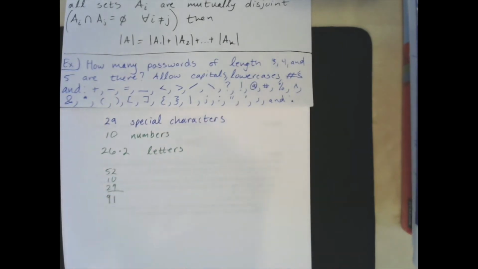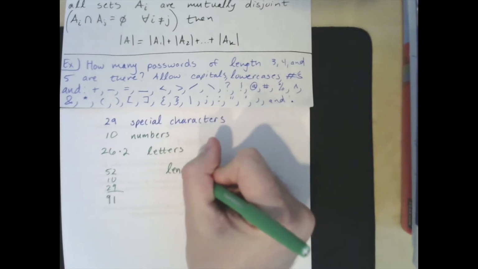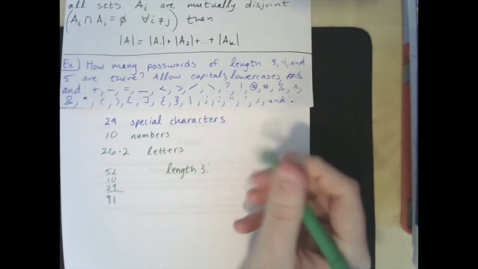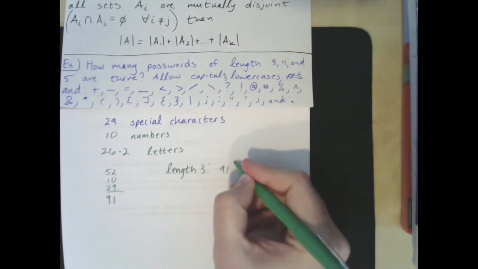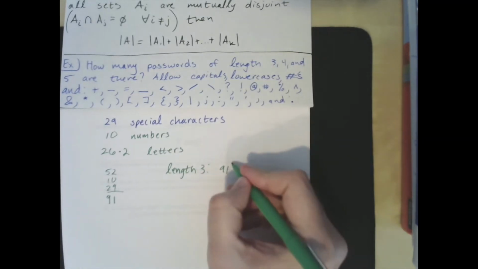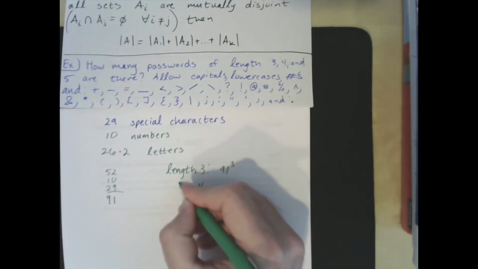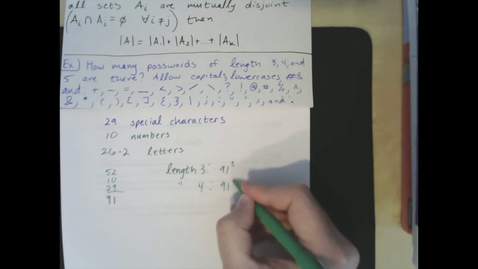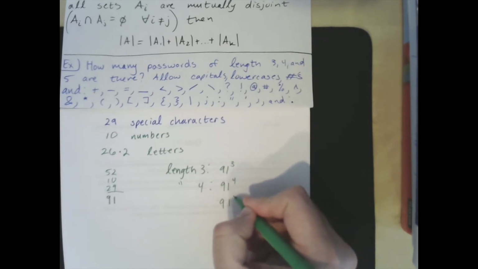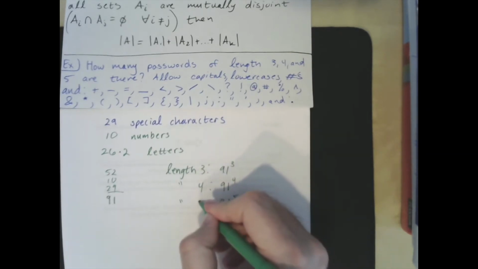So 91 total symbols. Now, if we want the length 3 passwords, we have 91. Since we can repeat whenever we want, this is cubed. Length 4 would be 91 to the 4th, and length 5 would be 91 to the 5th.